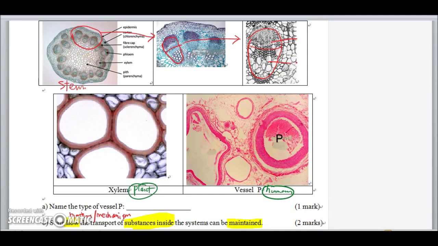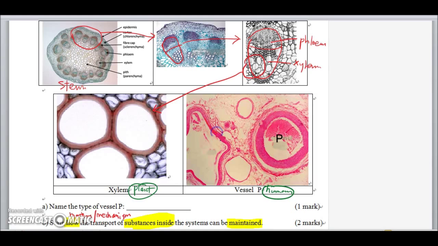And these are the big holes, which are the xylem. And the phloem is there. And then if you enlarge this part, you will see something like this. And therefore they are the xylem of a plant stem. And on the right, we have the vessel of a human, vessel P compared to this.